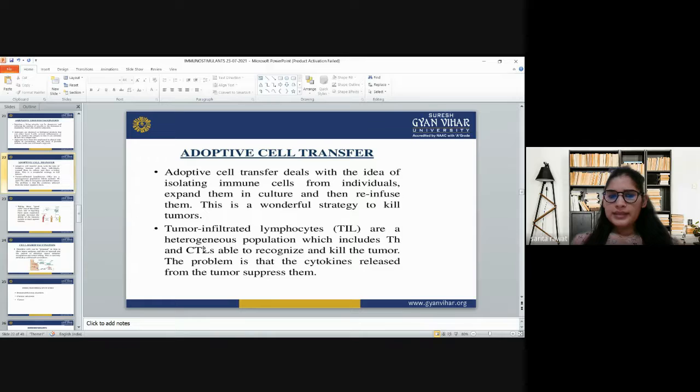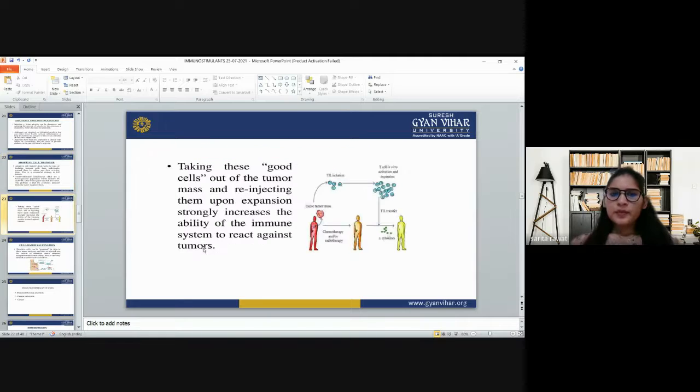The problem is that the cytokines released from the tumor suppress them. Taking these good cells out of the tumor mass and re-injecting them upon expansion strongly increases the ability of the immune system to react against the tumor.